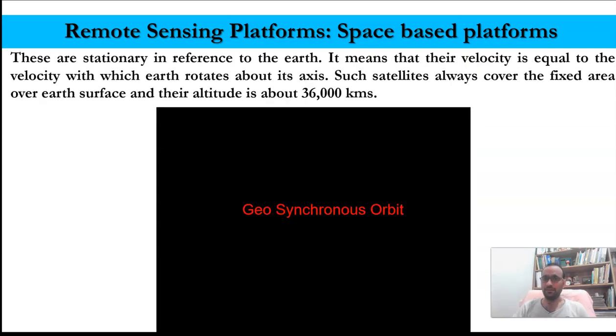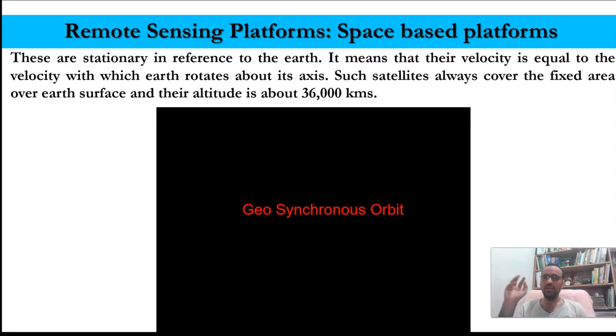Then we have another space-based satellite platform, which is the geosynchronous orbit, or you can call it geostationary. By the name you can understand, this satellite is not moving like the sun synchronous satellite. It is fixed at a particular location. That's how a communication satellite can work. For communication purposes we don't need atmospheric interaction because these satellites use radio waves.